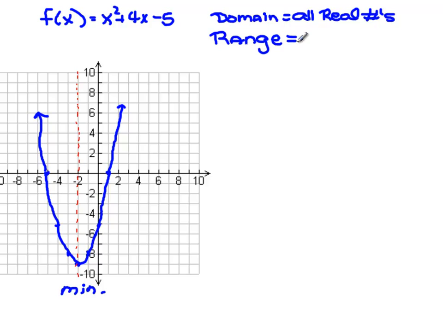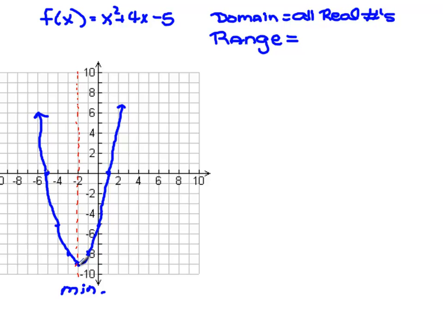The range are the y values. And again, if you look at the domain, that's the x values, you'll notice that the parabola goes out left and right a little bit further, and so it expands on the x's. On the y values, the y values continue to go up continuously, but there is a minimum value.